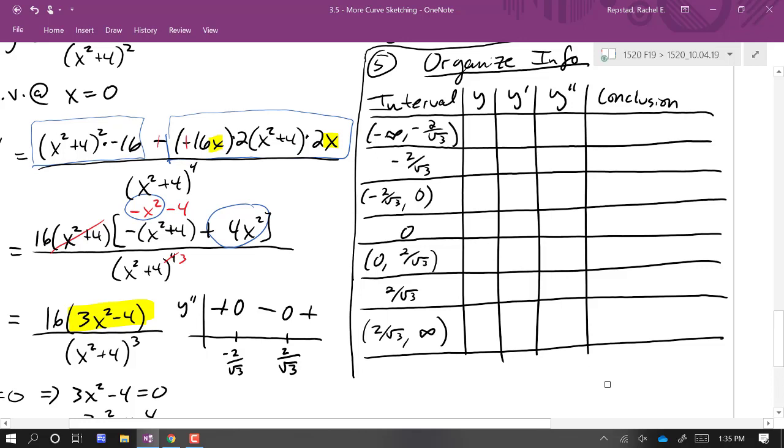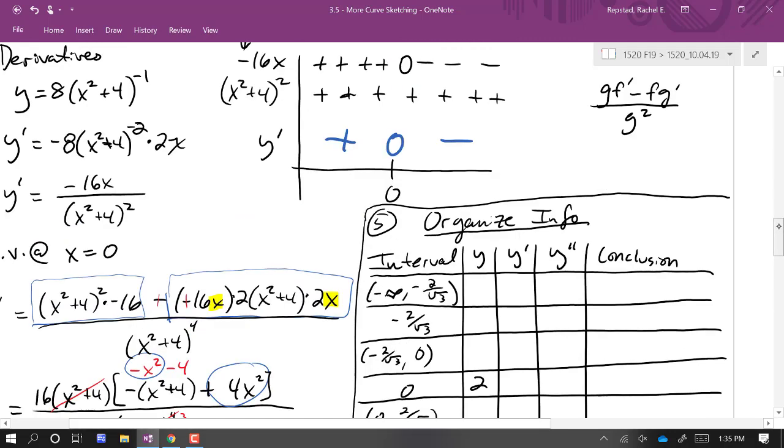We only have to fill in the first column, the y column, at the actual values: here, here, and here. We already found that when x is 0, y is 2, so I'll throw that in. And then we just have to plug in 2 over root 3.